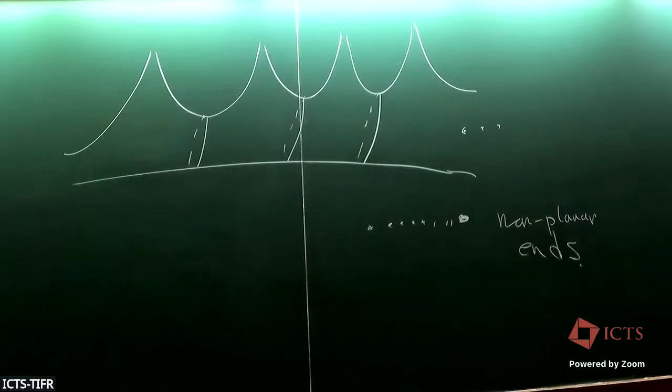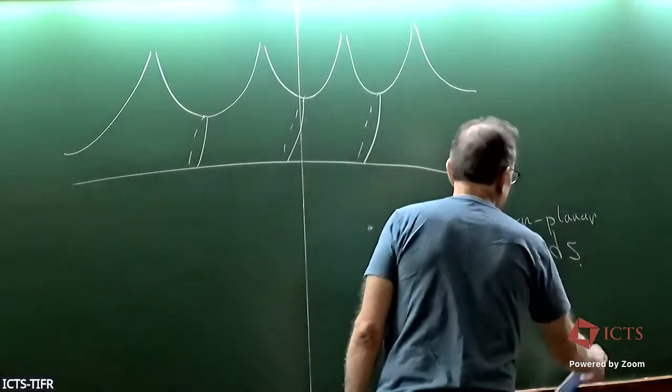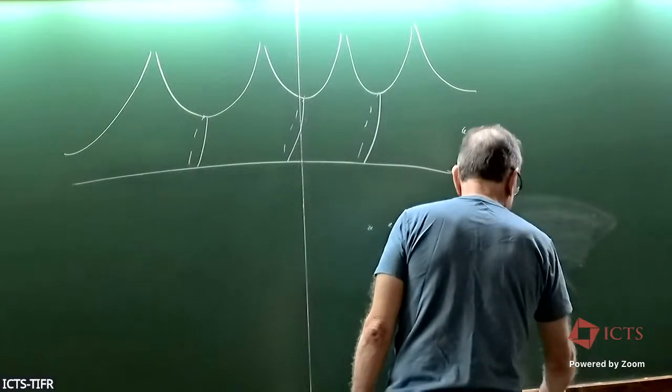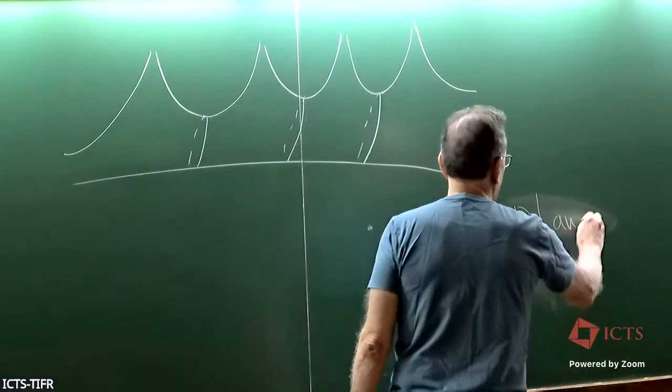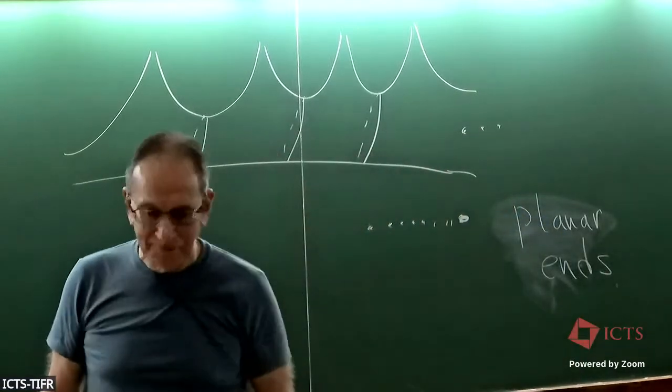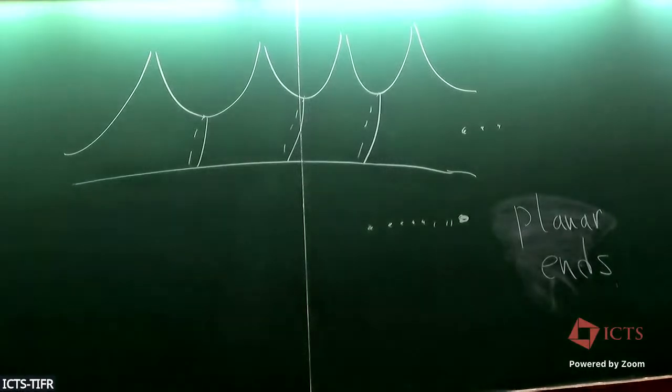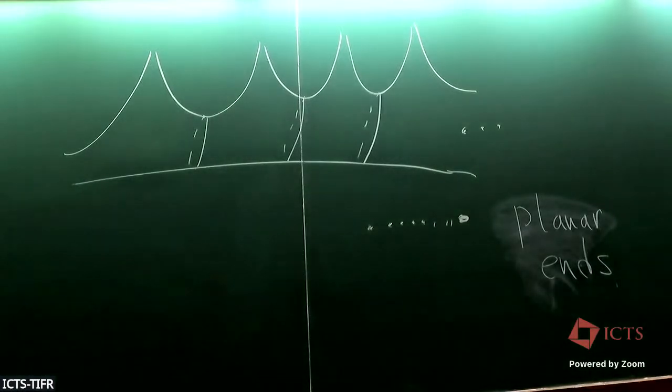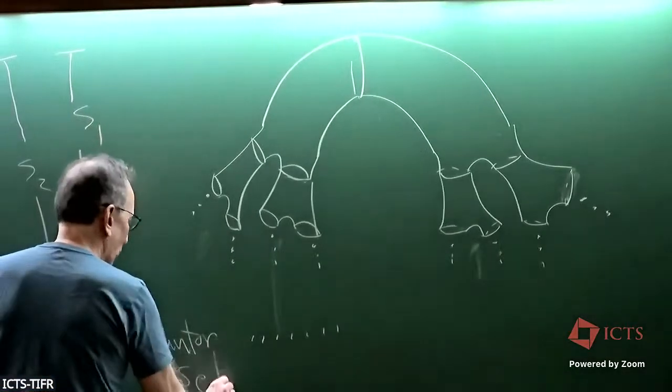I'm sorry, planar. If the coffee was stronger, I would have gotten that right. All right, and then the Cantor tree. Of course, the end structure is a Cantor set, okay, and they're all planar.